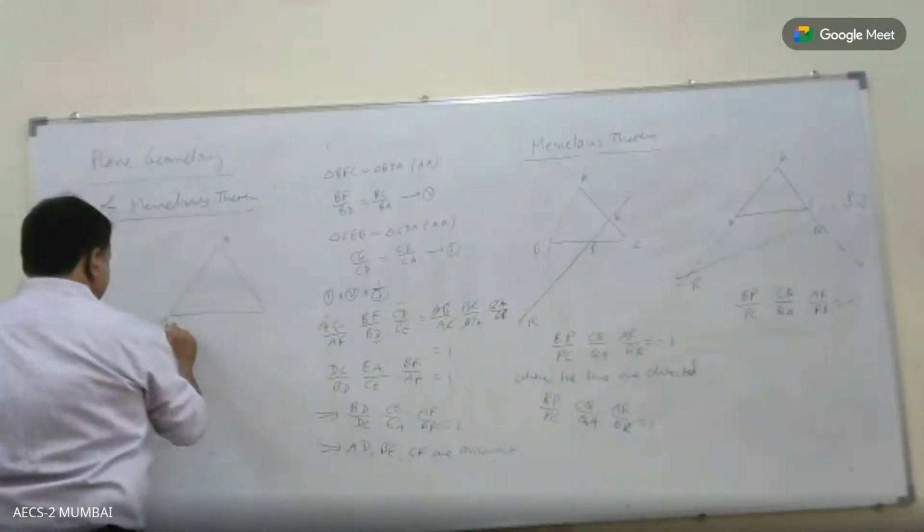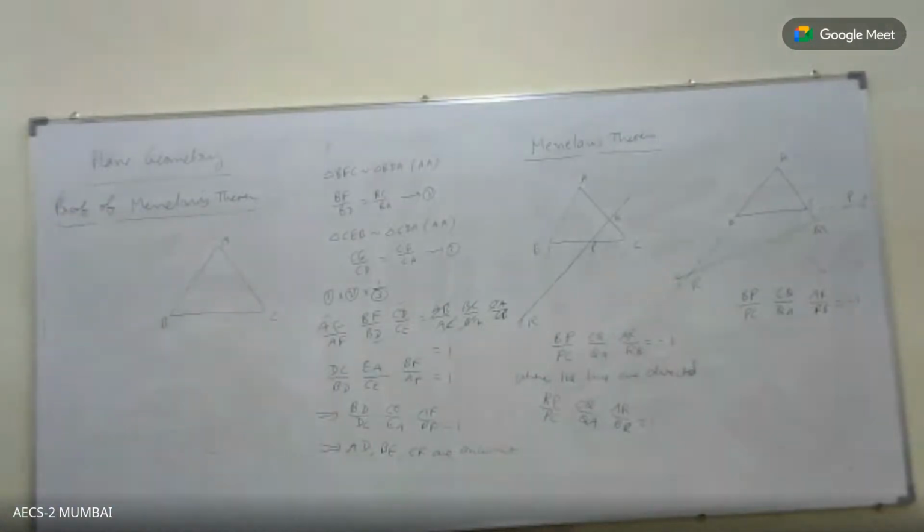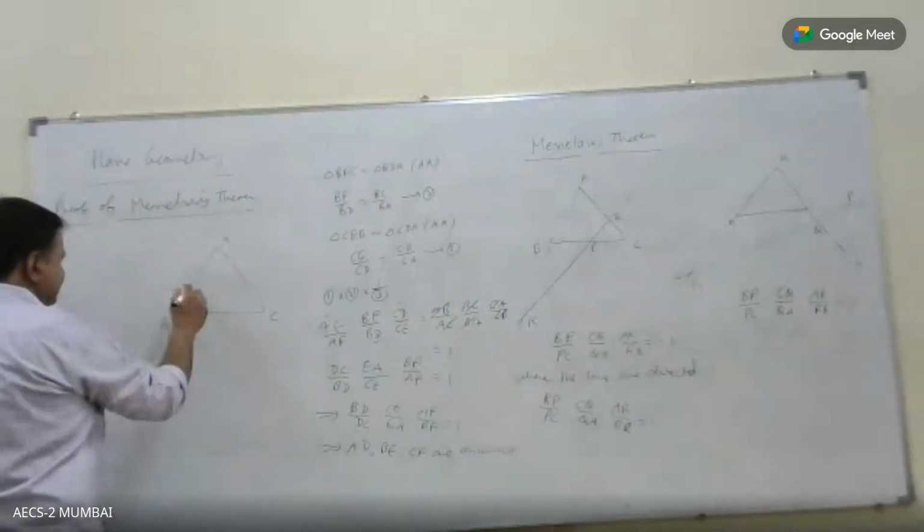So we take triangle ABC and I take the transversal that cuts this way.